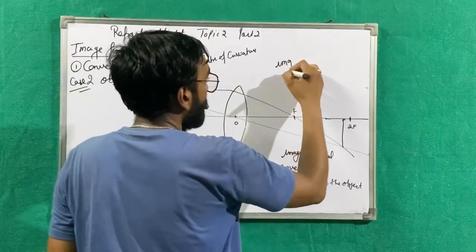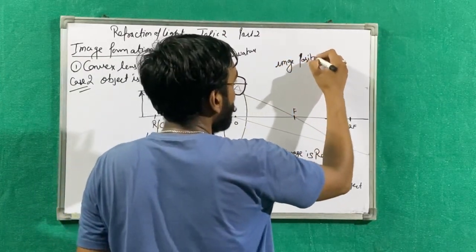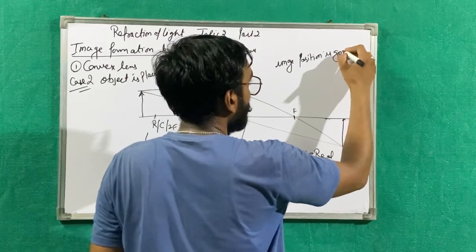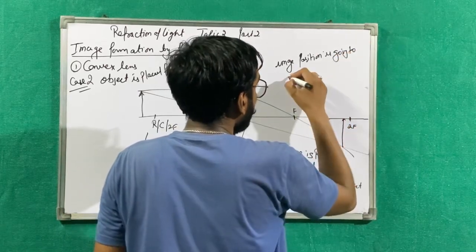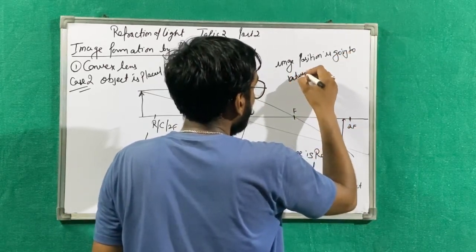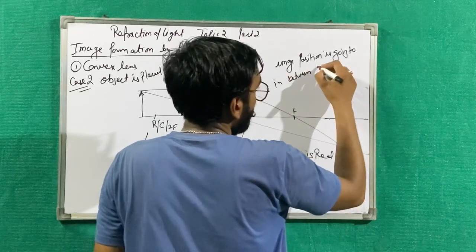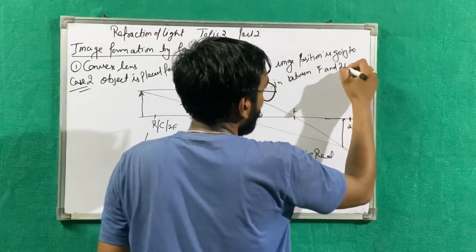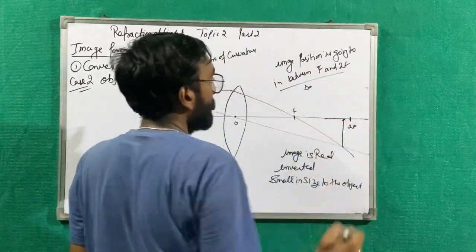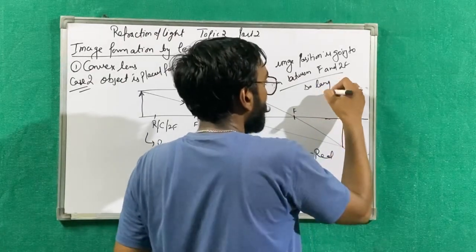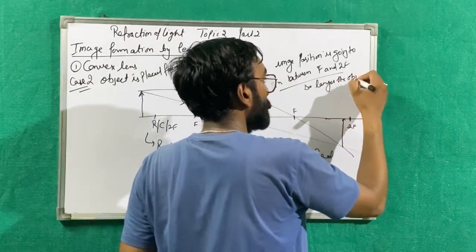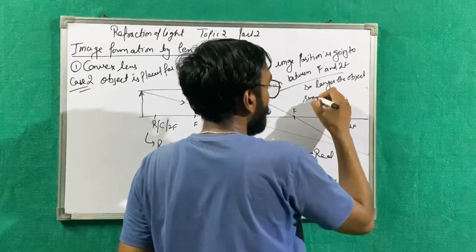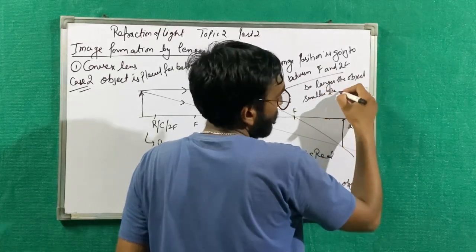Image position is going to be between f and 2f. So the larger the object distance, the smaller the image.